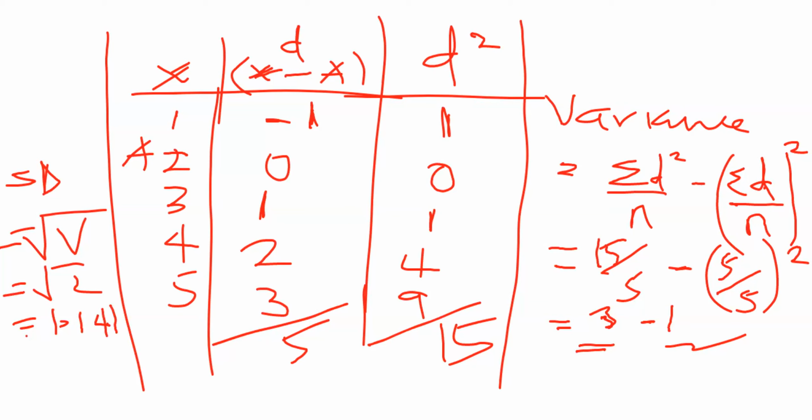So in this second question, we have succeeded in finding the variance of a set of numbers that does not have frequency, the variance formula, and the standard deviation.